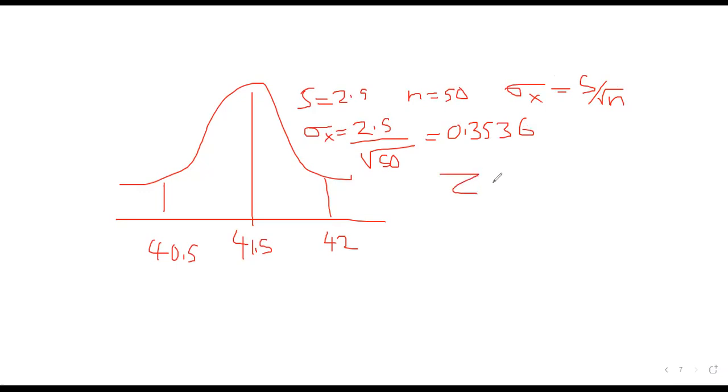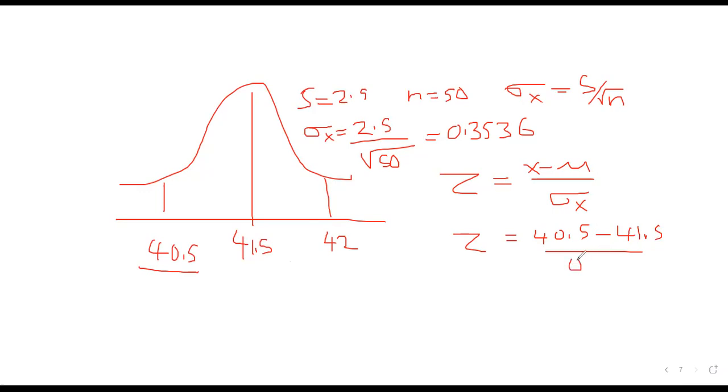To find Z, it is X minus mu over the standard error. We need to standardize this. What is the Z for 40.5? We did 40.5 minus 41.5 over the standard error, which is 0.3536.